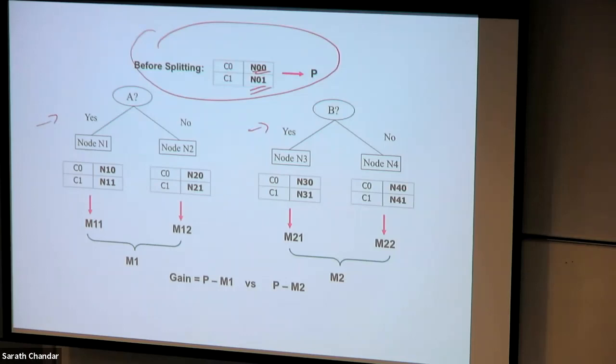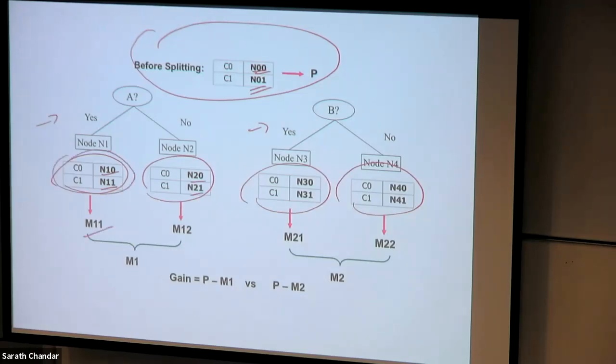Each splitting gives you 2 splits of the data set, and these splits have their own number of class 0s and class 1s. For each of these data sets, I can compute the measure again: M11, M12, M21, M22. Now we combine M11 and M12. This is the combined measure for this particular split. Similarly, this is the combined measure for the second split.